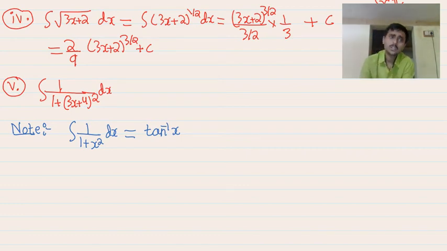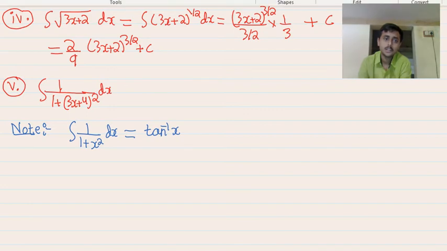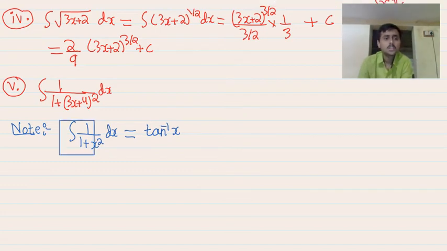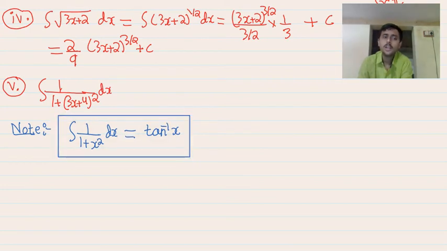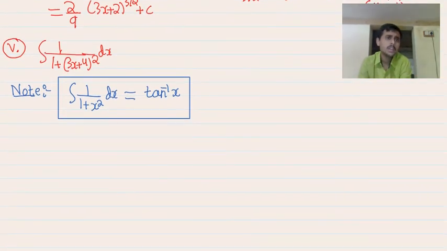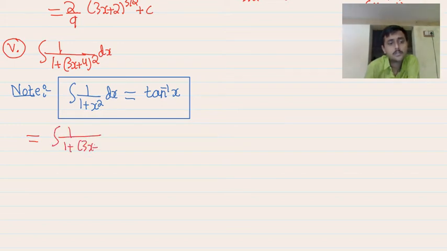Why? That's not important, but always remember that this is a formula that we had not given to you yet, and there are lots of formulae in integration. We will be using those formulae which are common in the questions. The formulae that we do not find in our questions commonly, we will skip. So our given expression becomes integration of 1 upon 1 plus (3x plus 4) whole square with respect to x.